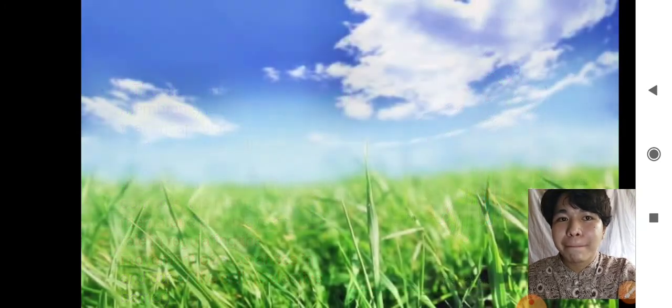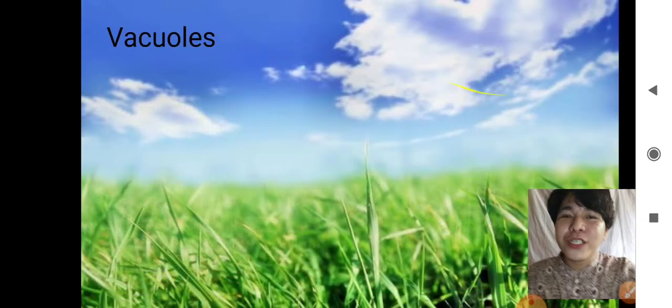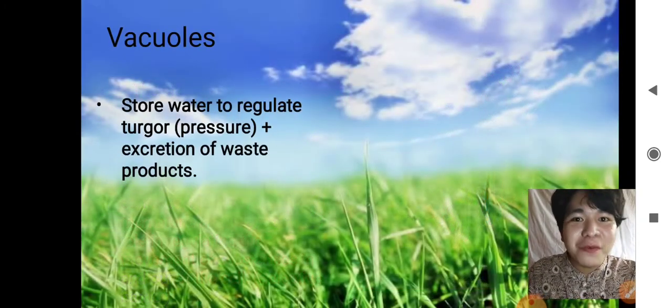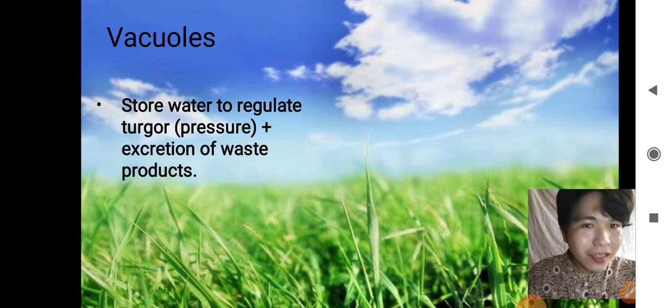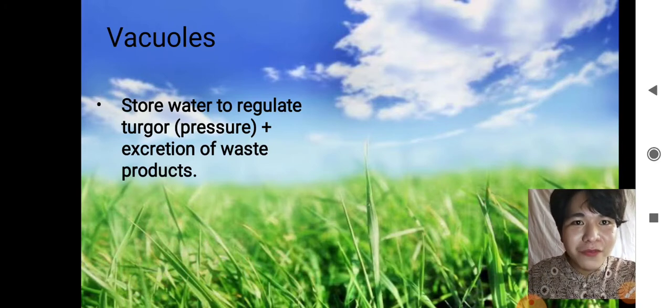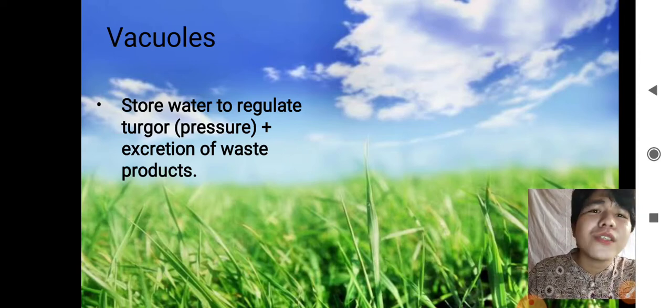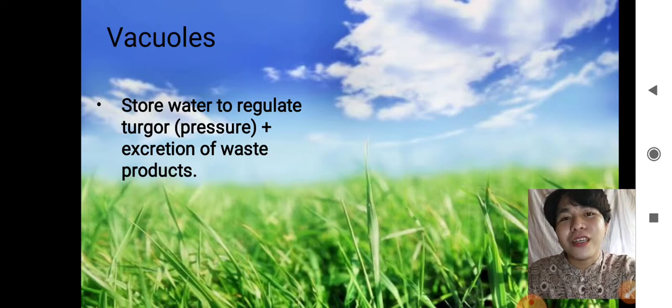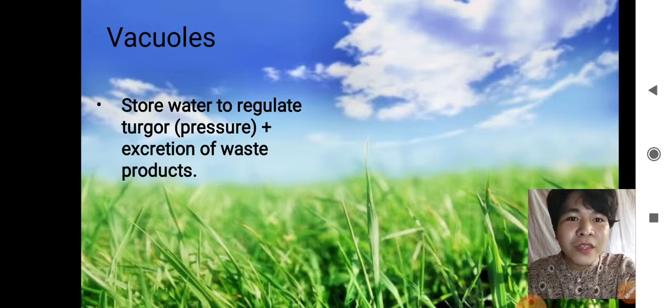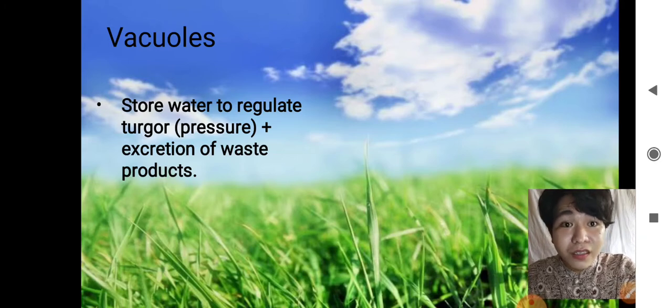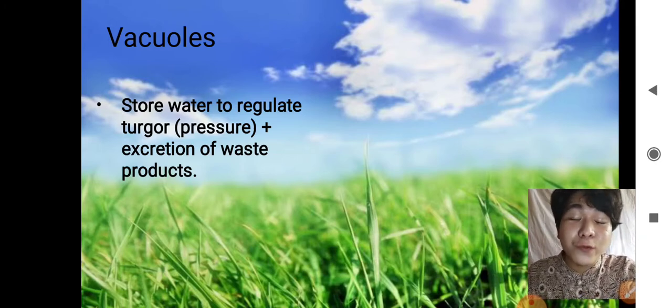Next. And of course, vacuoles. Vacuoles are only present in the plant cell. Animal cells don't have vacuoles. And if in animal cell the largest organelle is the nucleus, in plant cell the largest organelle is the vacuole, because it is where the plant stores water to regulate turgor pressure and for excretion of waste products.